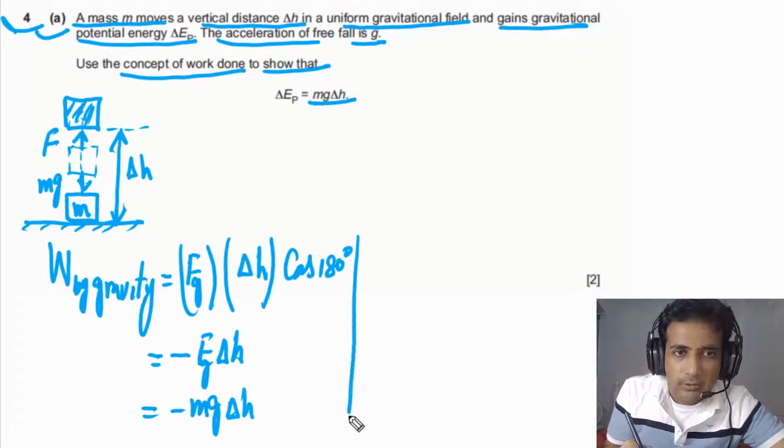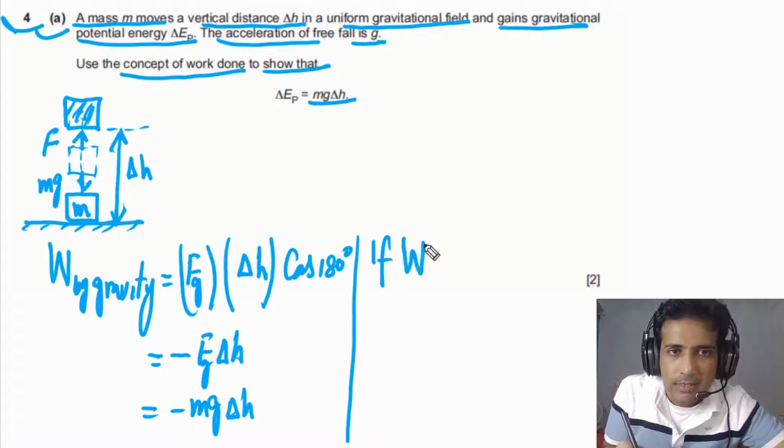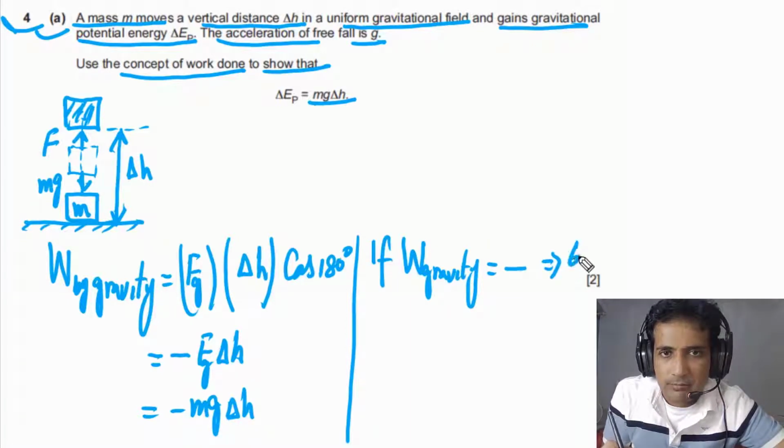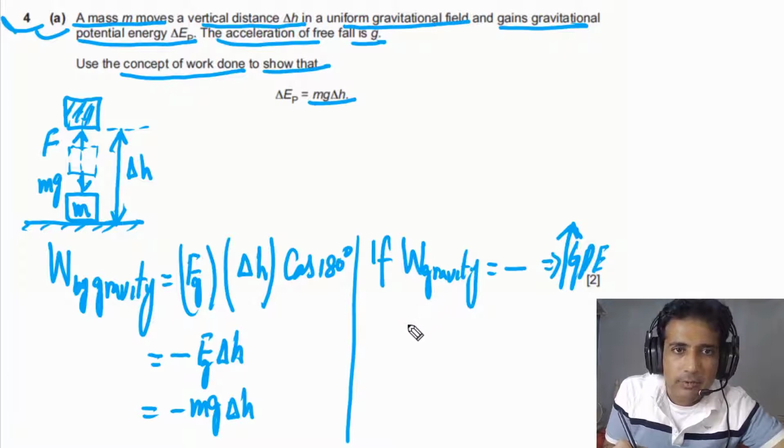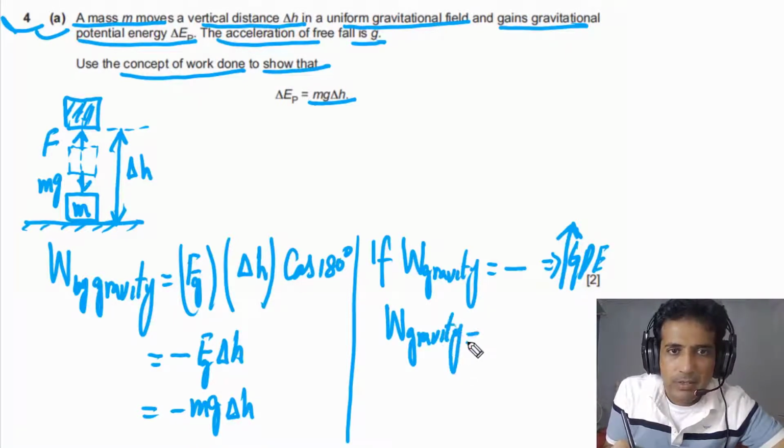You can also understand this point in a slightly different way. If work done by gravity is negative, then gravitational potential energy will increase. And gravitational potential energy decreases if work done by gravity is positive.